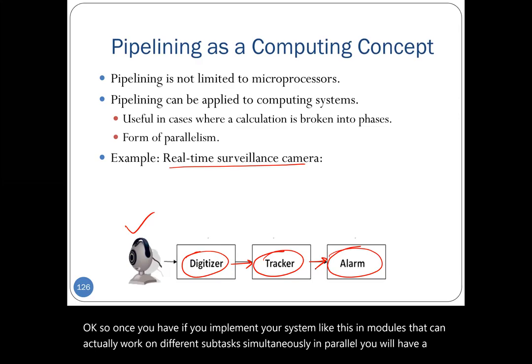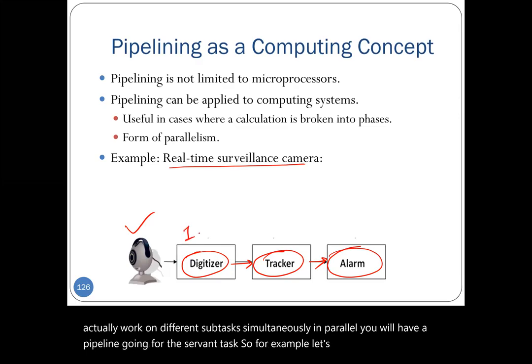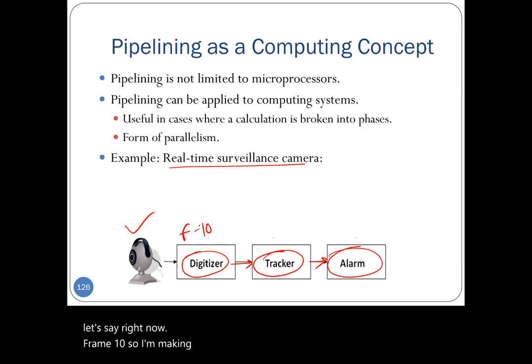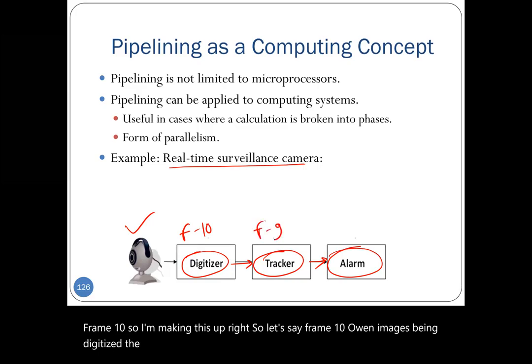For example, let's say right now frame 10, and I'm making this up, is being digitized. The previous frame 9 would be processed in the tracking system.